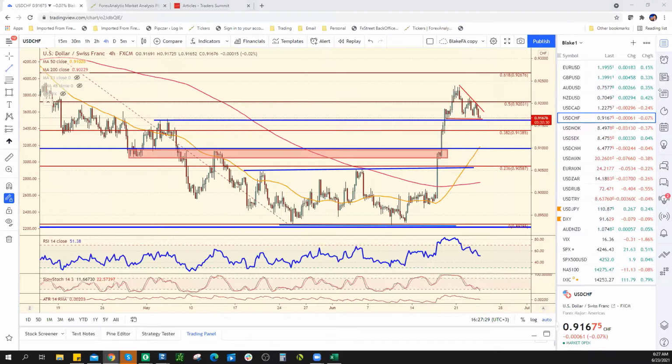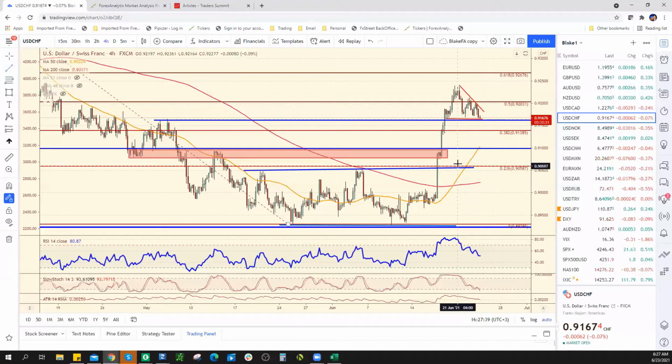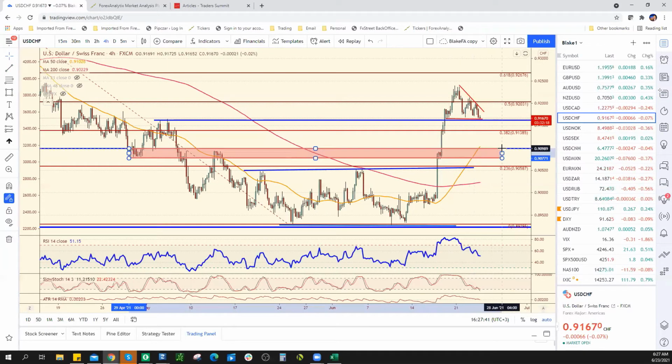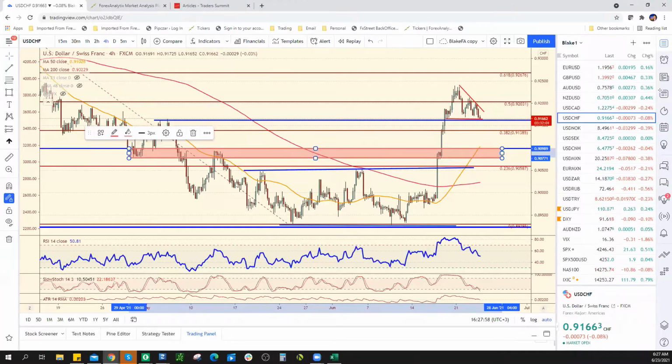I know we're right off of support too, so I'll have to write down two numbers. Hold on. 91.60, and then below that, I think we had 91 cents, just in case. If we break down a little bit here, and this is 92.40. I mean, look at crude oil, 74 bucks. Wow.